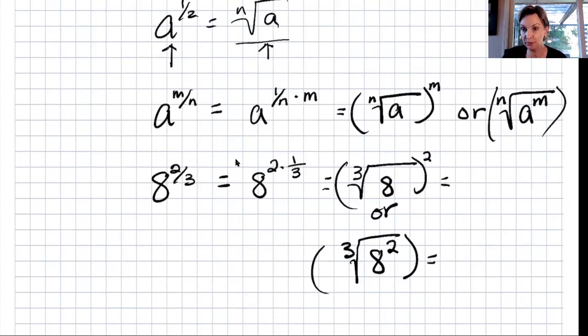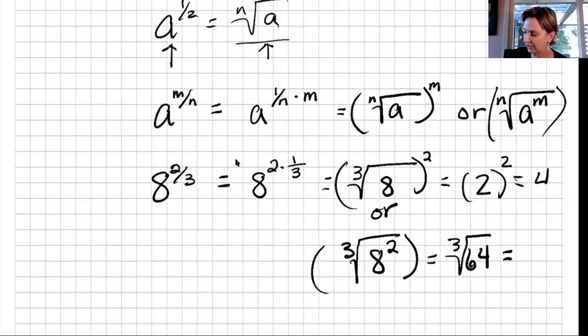The cube root of 8 is 2. And then down here, this would be the third root of 64. So 2 squared is 4. And the third root of 64 is 4. So you get the same thing either way you do it. You can pick which one you like more.